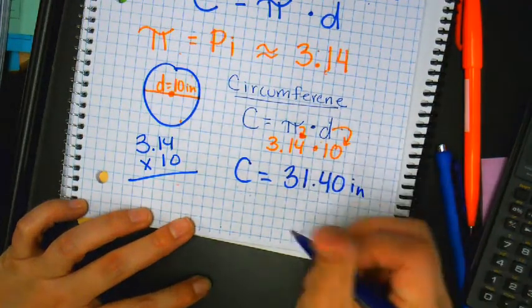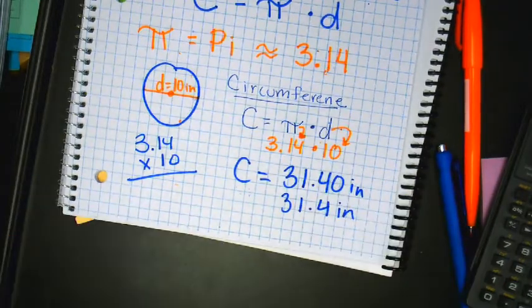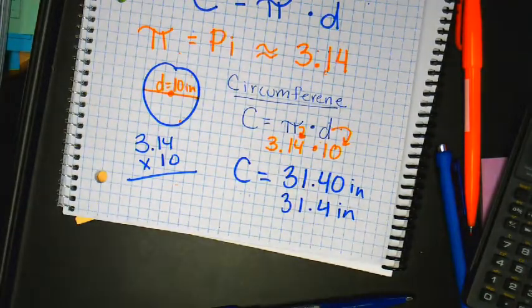If you do it by calculator, it's 31.4 inches. Are they the same answer? Yes. These zeros at the end don't mean anything. If there was a 0 in between, yes, they would mean something. But in the back, they don't. It's the same exact answer.